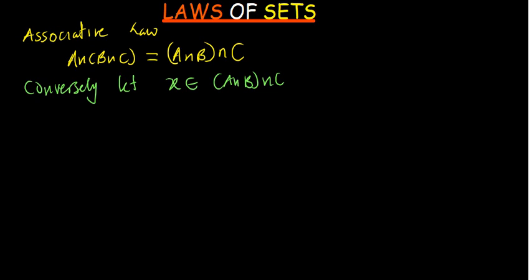All right. So we are saying in the same way or conversely let X be a member of A intersection B intersection C. So we've now gotten this part.